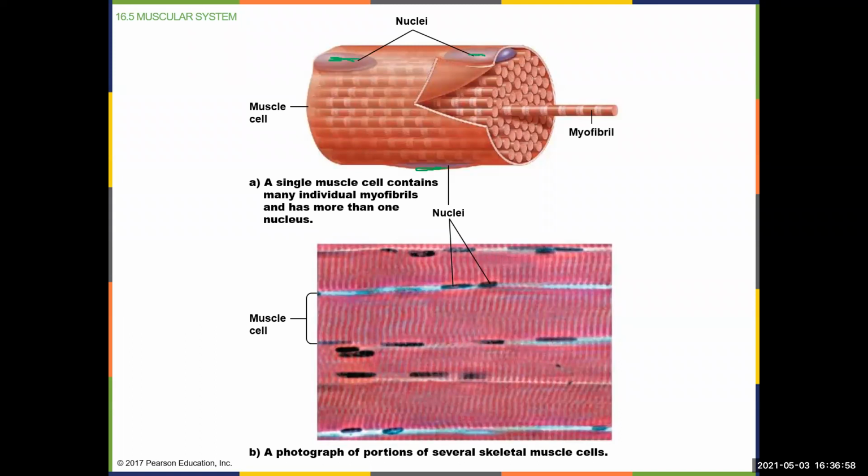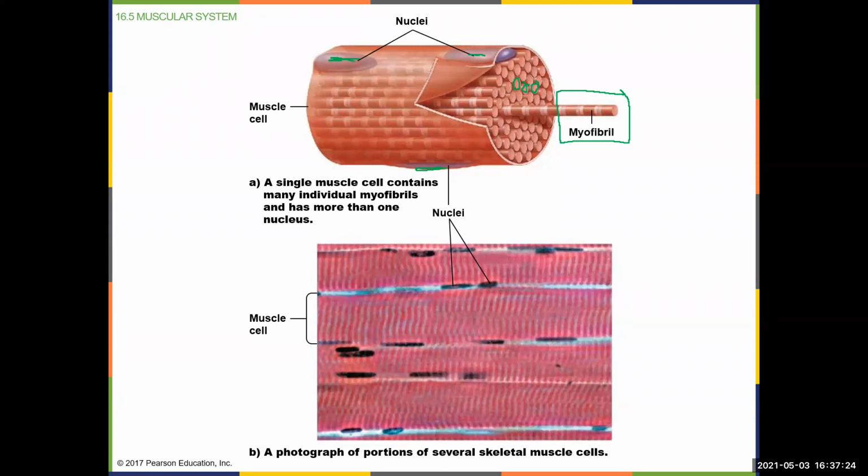And then that muscle cell has many different myofibrils. So each of these little cylinders, right, is a myofibril, okay? That myofibril will contain the two proteins, actin and myosin, okay?